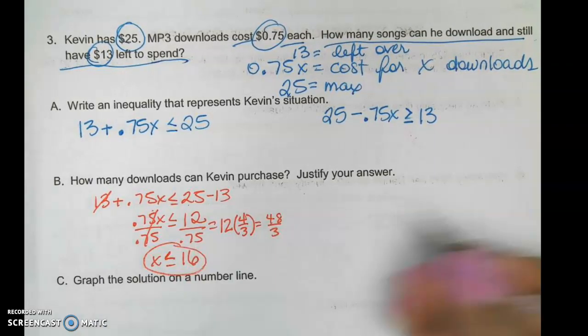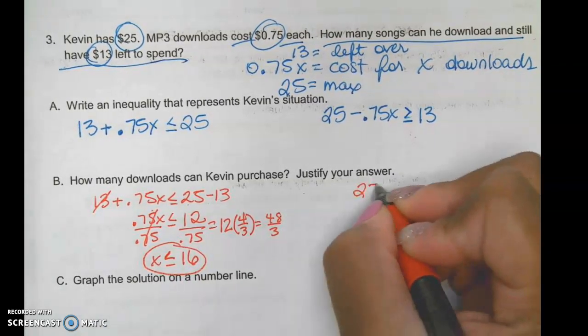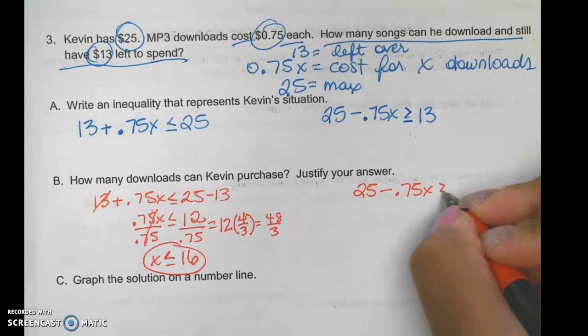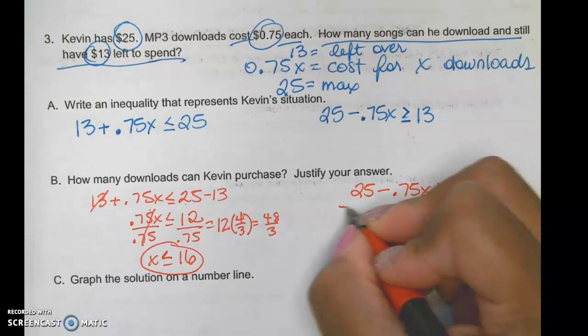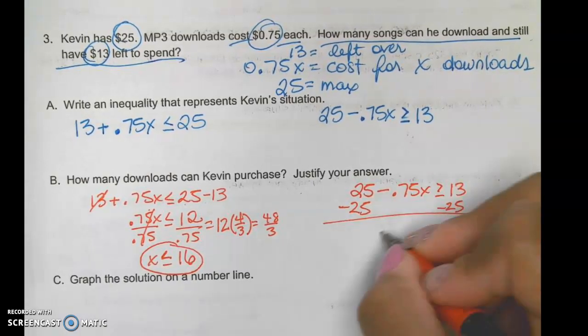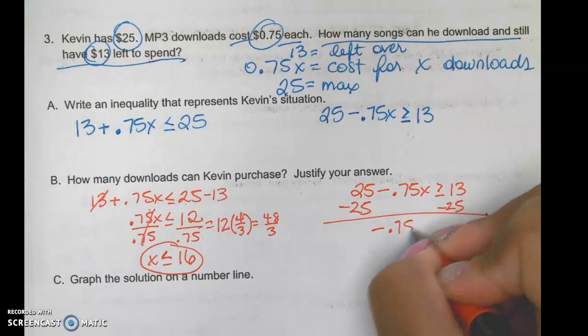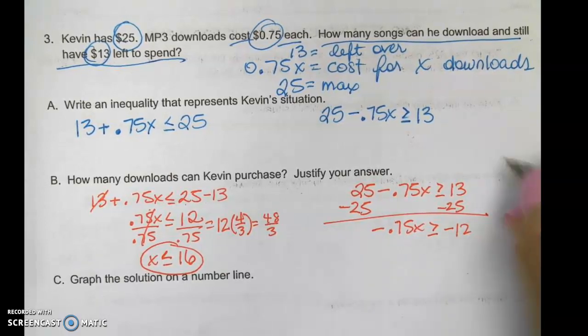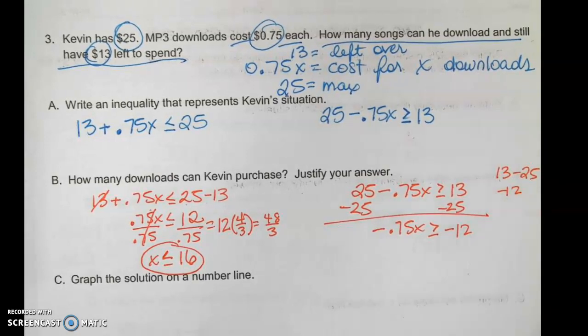16 for this one. Then over here, 25 minus 0.75x is greater than or equal to 13. Minus 25, minus 25. Negative 0.75x is greater than or equal to negative 12, because 13 minus 25 is negative 12.